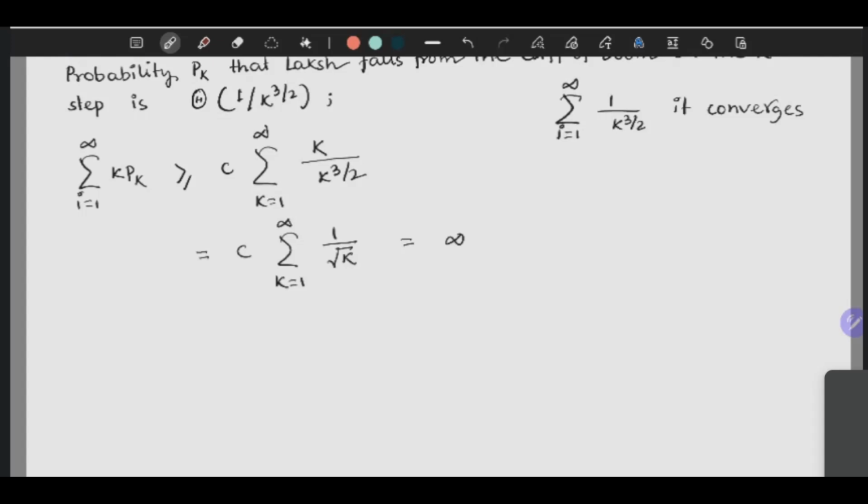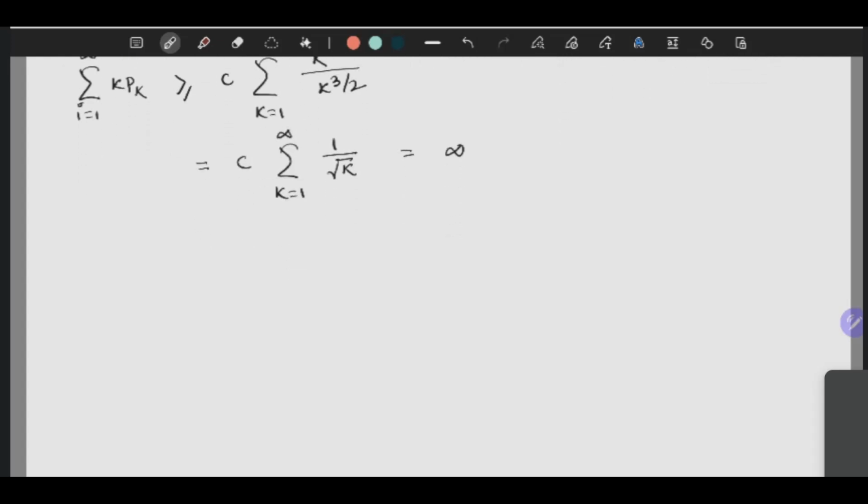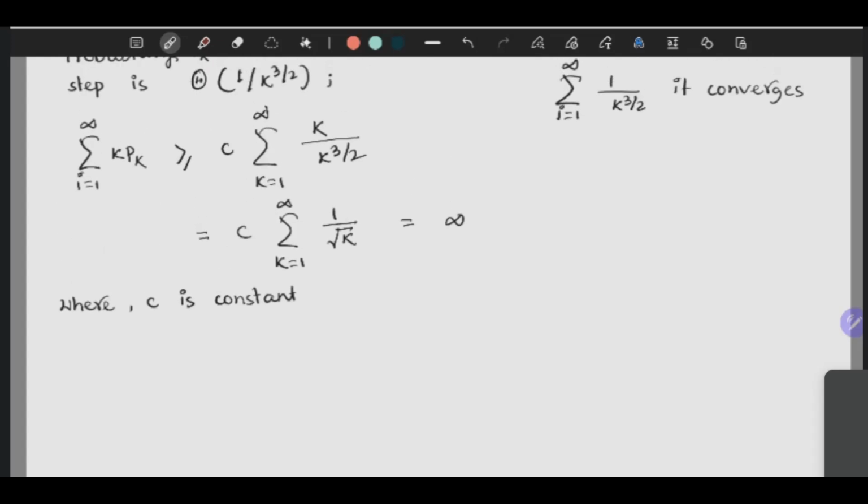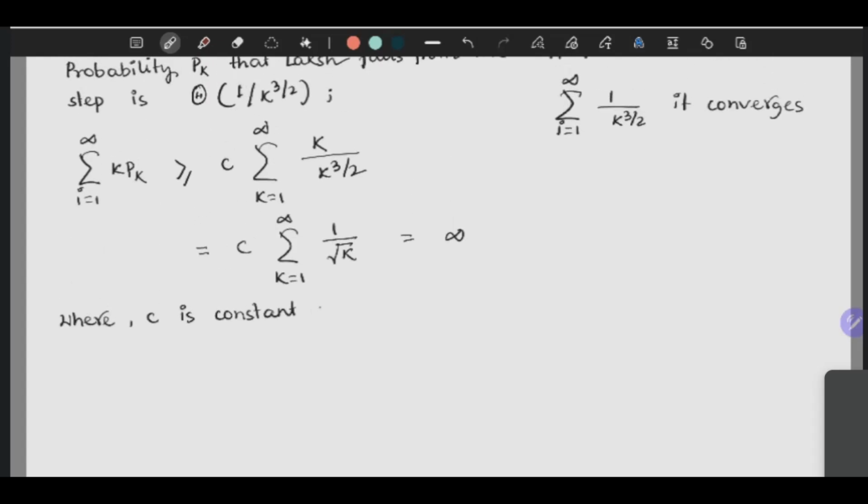So here c is a constant, which is embedded in this theta function.